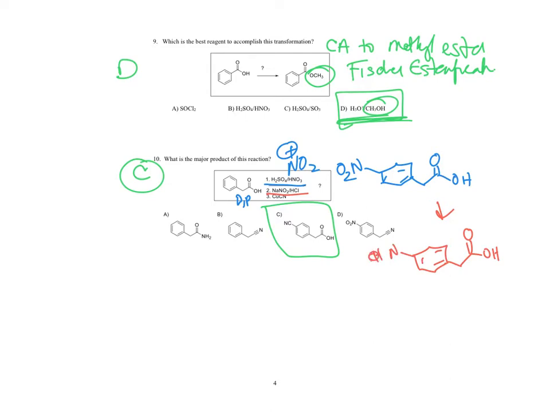And then the copper cyanide, the Sandmeyer reaction, will replace that with cyanide, the nitrile group. So that would be C.